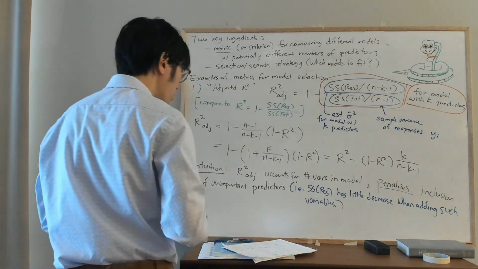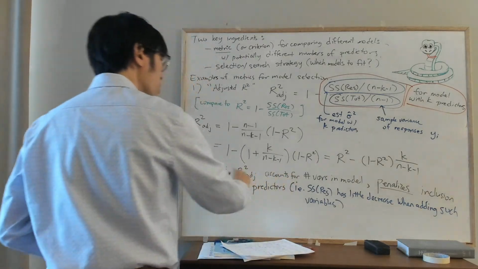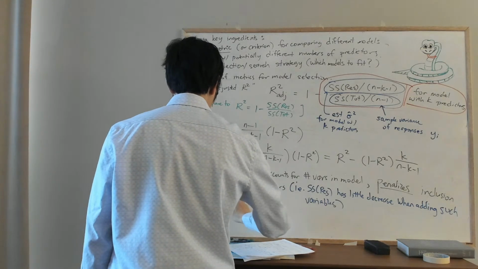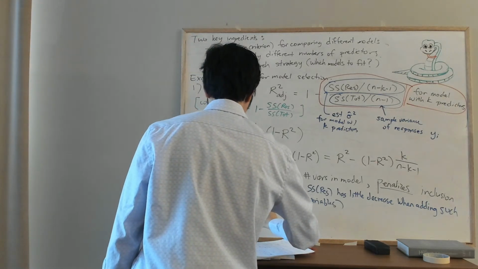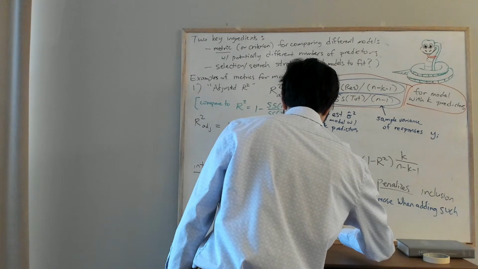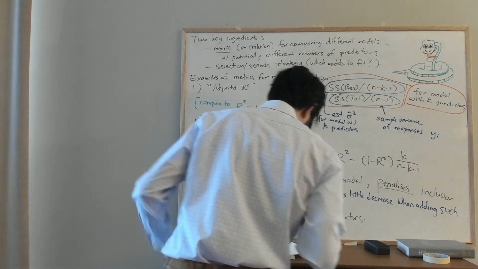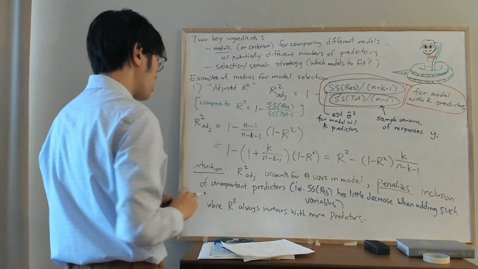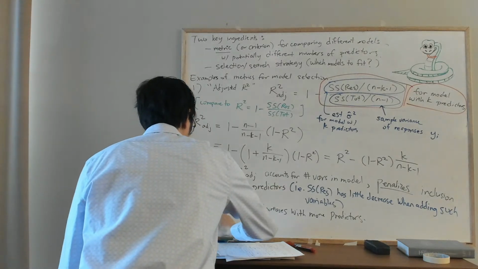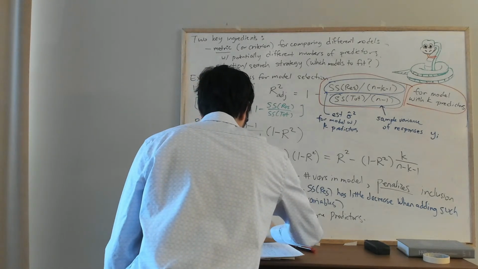Compared to the r squared, it doesn't have the same interpretation. It accounts for the number of variables, while the original r squared always increases with more predictors. So r squared always increases, but r squared adjusted can decrease. Not always.